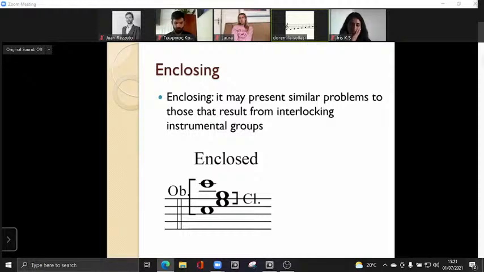We have the oboes playing C5 and C6, and the clarinets in the middle playing those two notes. The oboes are in a good register, everything in general, and then the clarinets are in the middle.